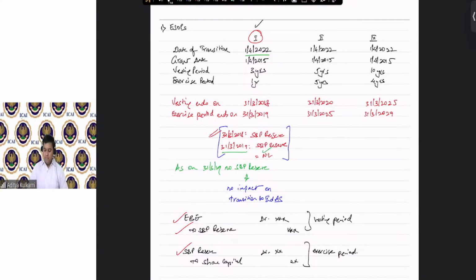Coming to case number two, on the date of transition, the vesting is completed, but the exercise period is going on. So this is the second case where vesting is over. So any expenses that had to be booked have already been booked, but the exercise period is still continuing.